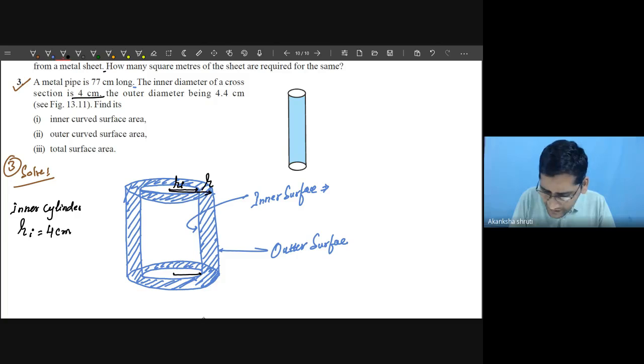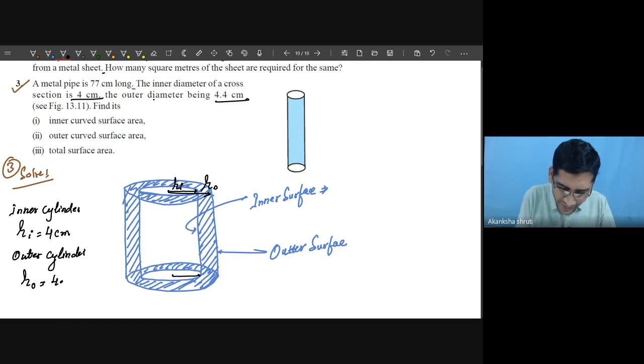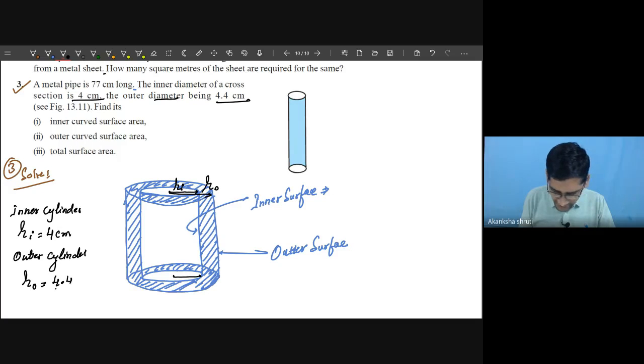So let me denote it by R out. And the outer cylinder, its radius, how much? It is given here 4.4. Sir, it is diameter, sir. Yeah, very good, student. So diameter is given. So 4.4 has to be divided by 2, and 4 divided by 2 centimeter. So Ri becomes 2 centimeter and R out becomes 2.2 centimeter.